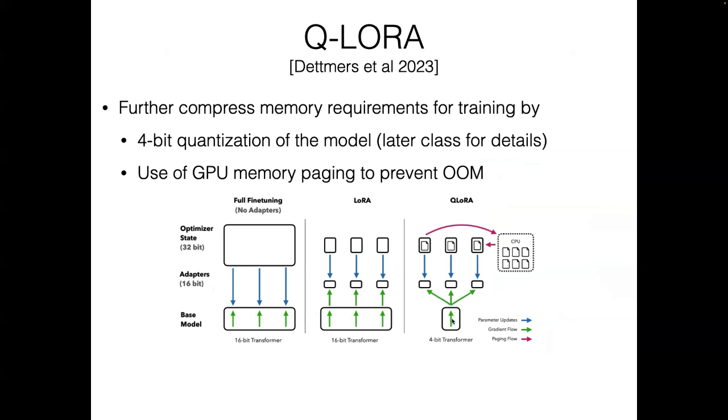However, they keep the LoRA adapters at 16 bits, and they come up with ways of offloading computations to the CPU and things like that. In case you see QLoRA, it's also implemented in all the libraries now. In practice, it can let you fine tune really large models on one GPU. But as I mentioned, Tim will give a whole lecture on quantization, and we'll go into this in more detail.